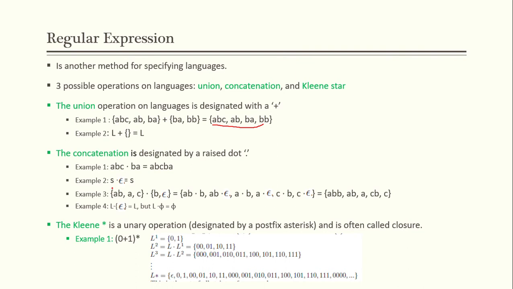Second one, when you concatenate S with epsilon, the null string, the result is S. The third one, if you concatenate two lists, AB and AC, with B and the null string, you need to do a kind of product. AB with B, AB with epsilon, A with B, A with epsilon, C with B, C with epsilon, like a product.